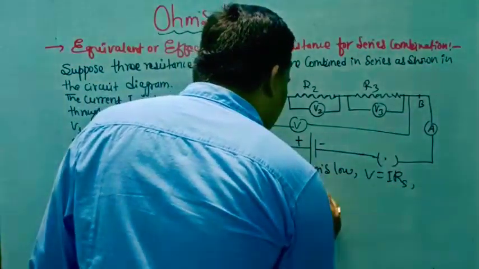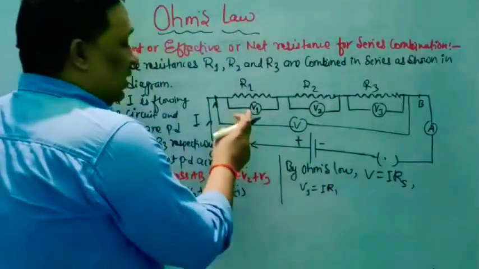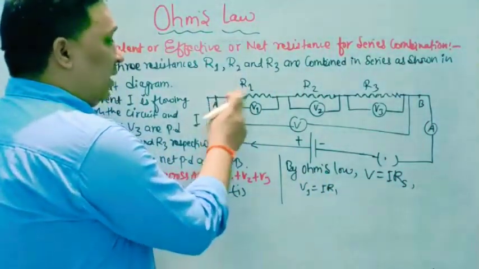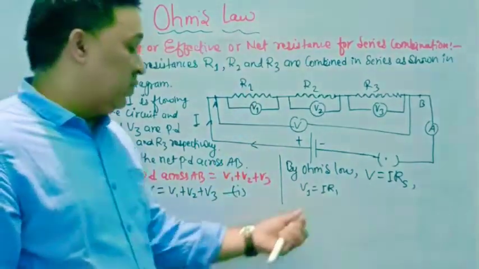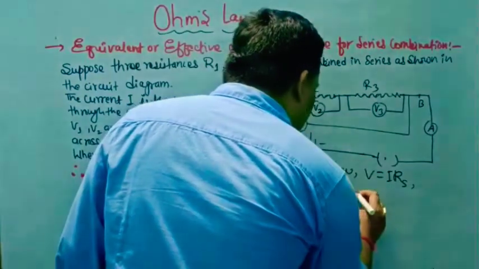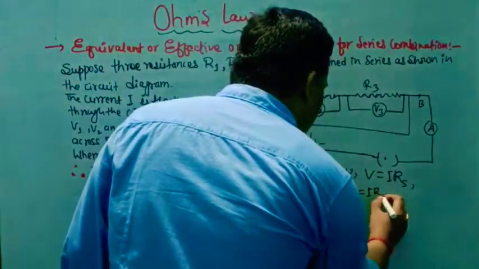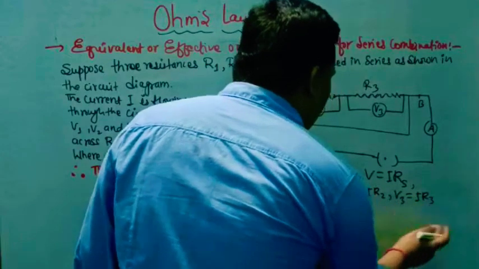Similarly, V1 equals to IR1. So potential difference across R1, the same current is flowing. So we have a relation by Ohm's law, V is equal to IR. So V1 is equal to IR1, V2 equals to IR2, V3 equals to IR3.